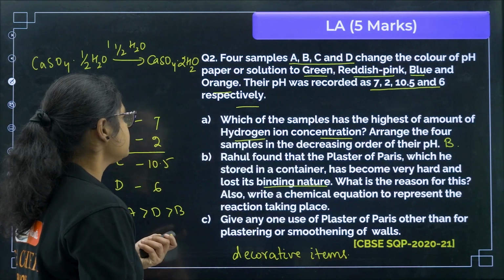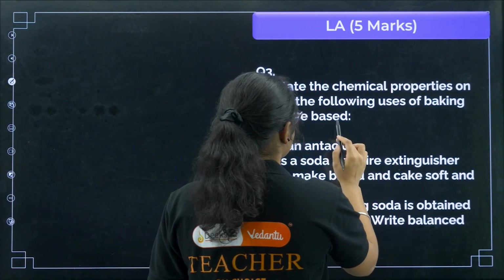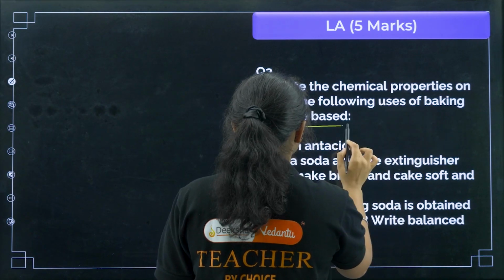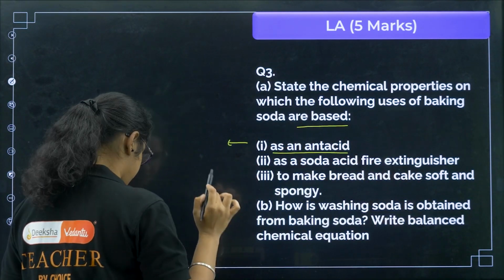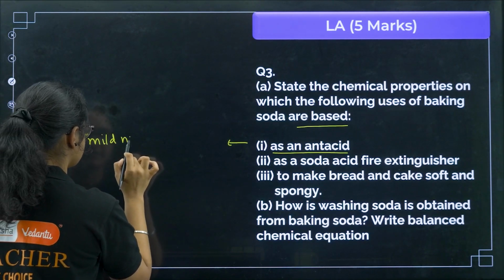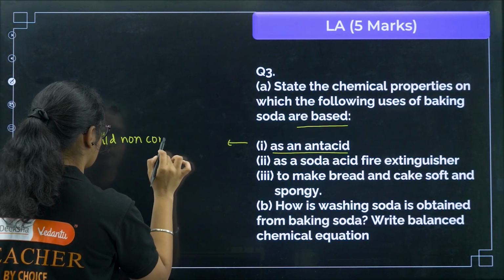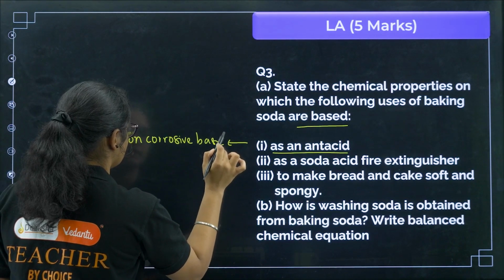Next, question number 3. State the chemical properties on which the following uses of baking soda are based. It is used as an antacid. Why? Because of its mild, non-corrosive, basic nature.